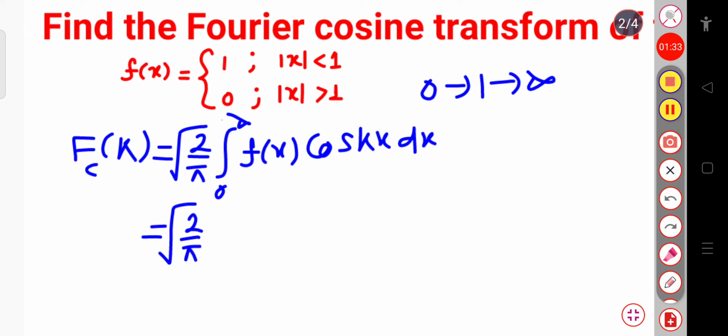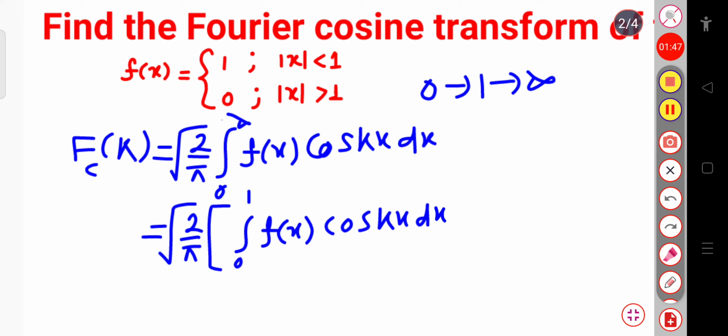Writing it again, taking root over 2 by pi common, this will be the integration from 0 to 1 of f of x into cos kx into dx, plus the integration from 1 to infinity of f of x into cos kx into dx.